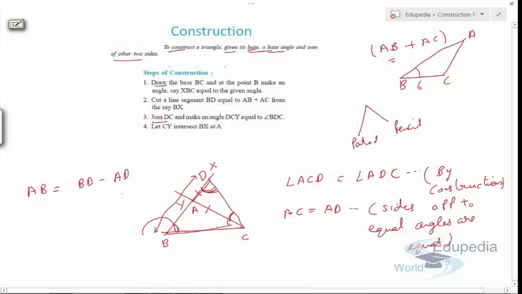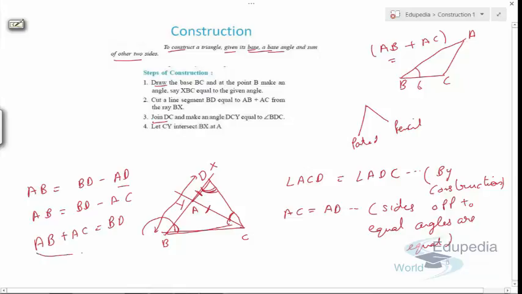Now AD equals AC, it's given, so we can write AB as BD minus AC. So we take AC over to this side, and we have AB plus AC equals BD.